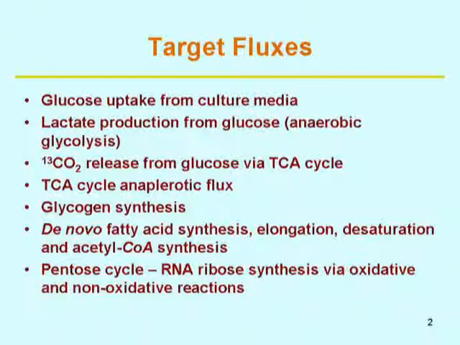We're also interested in glycogen synthesis, de novo fatty acid synthesis, their elongation, desaturation, and acetyl coenzyme A contribution from glucose and the pentose cycle. So these studies are fairly robust at restoring the metabolic map that is behind any physiological change, if there is any.